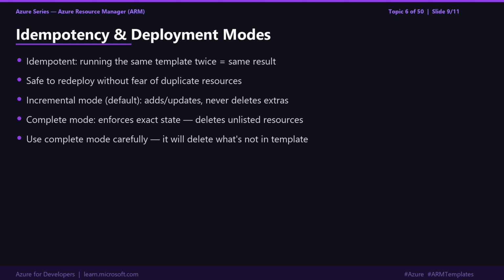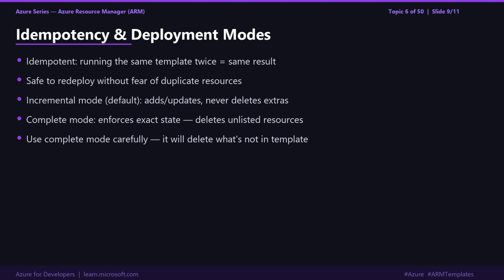Two concepts that new ARM users often do not fully understand are idempotency and deployment modes, and both have practical consequences. Idempotency means that running the same ARM template with the same parameters twice produces the same result as running it once. ARM does not blindly try to create resources on every deployment.